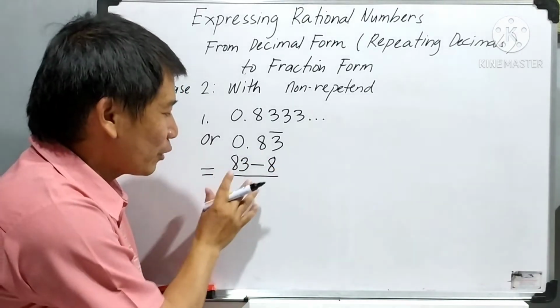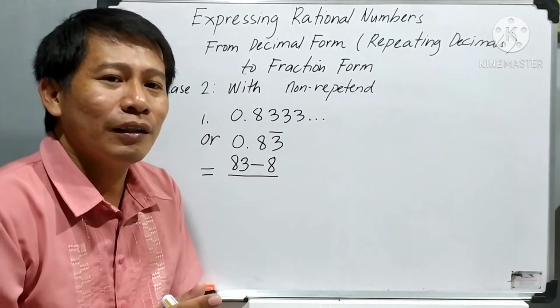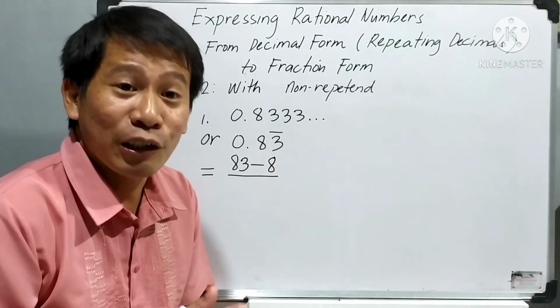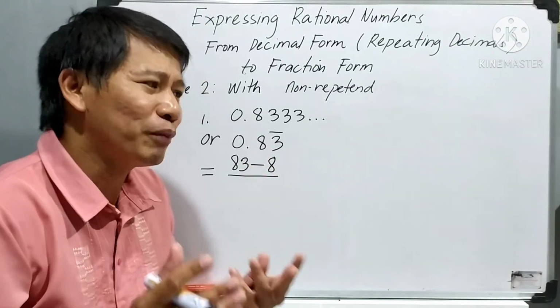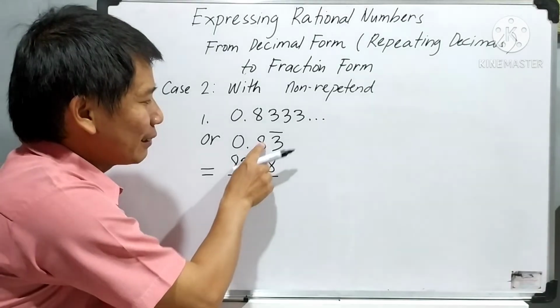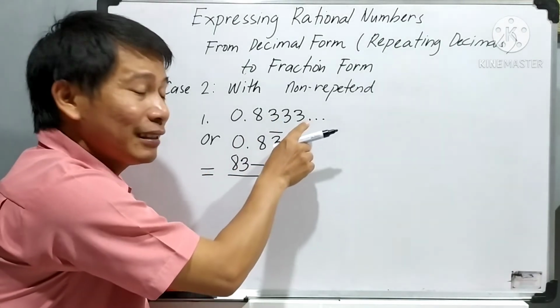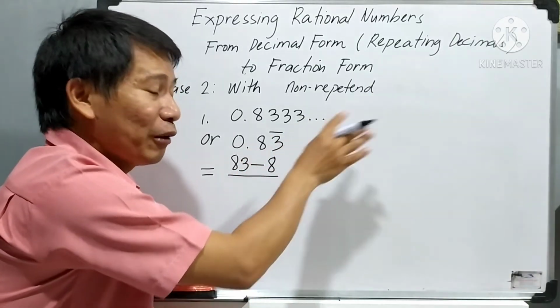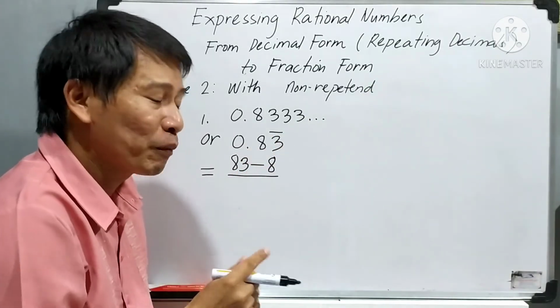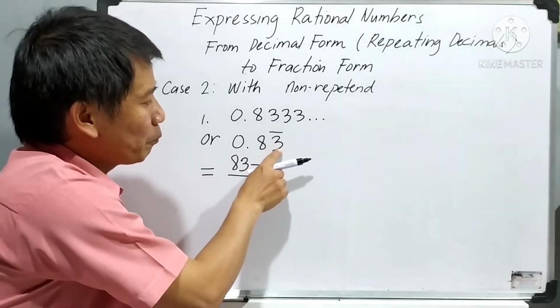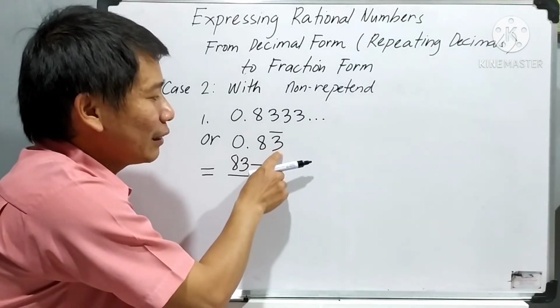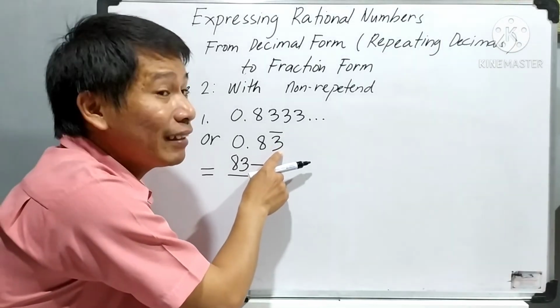How about the denominator? So, ang denominator ay place value ang pag-uusapan natin. So, paano ba yon? Place value nito ay tenths. Di ba pag decimal, nag-start tayo tenths, hundreds, and so on. Thousands, 10,000s. Okay? So, but since ito, ang pinaka last digit natin is 3, which hundreds.